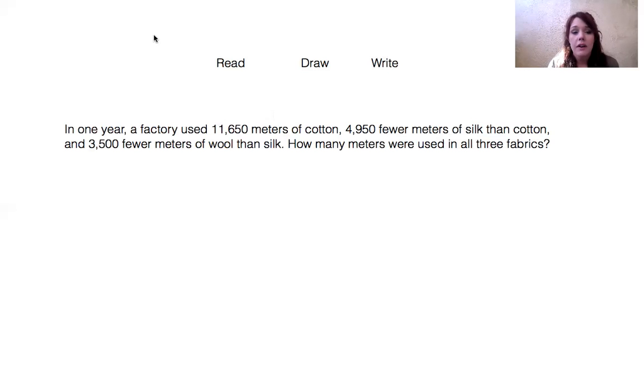Now, something that I found is helpful for my students, if we can call those words out somehow, we might, here we'll use an arrow because this is the easiest one. Fewer, fewer again. Very good. So I know that I'm looking for less. Can you tell me what operation are we going to be using if we're trying to find less? Excellent.